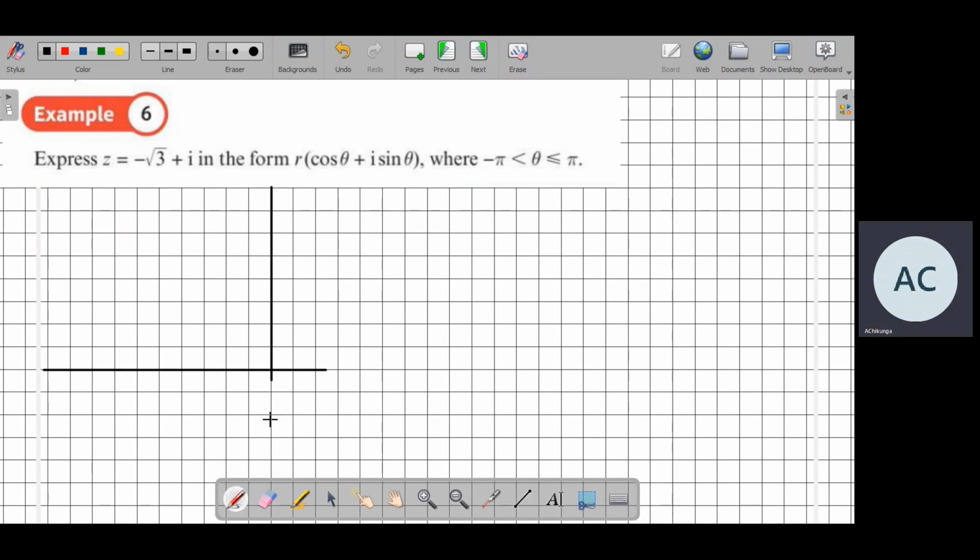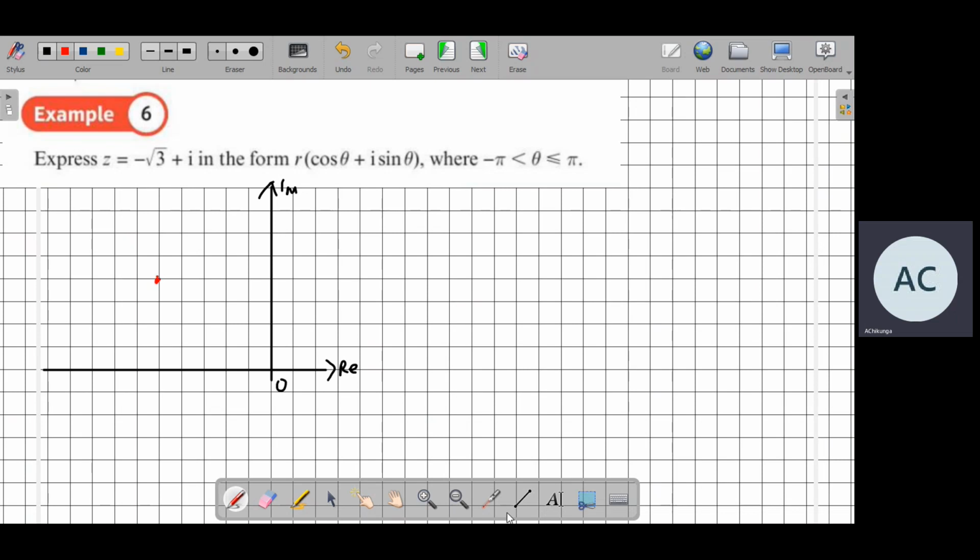So perhaps to start with, drawing your Argand diagram is important, because it's not up to scale actually. I'm just going to place it wherever I feel like because I can't find a way of writing root 3 accurately. I'm just going to place it where I want.